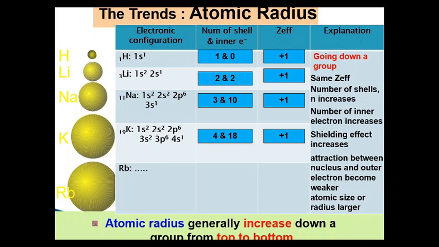So we're going to discuss going down a group first. So when going down group 1, the number of shells and inner electrons will increase.